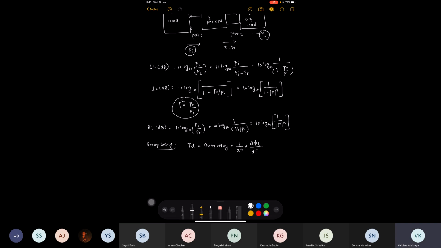So what is the phi term over here? Phi indicates the transmission phase, and df stands for the frequency range. So what is the meaning of group delay? Group delay represents the frequency dispersion or the frequency deviation property from the constant group delay of the frequency components in the given frequency band.